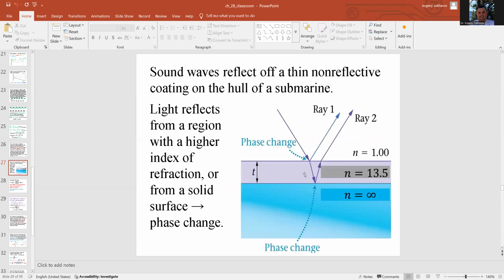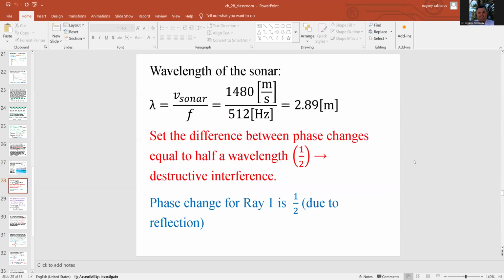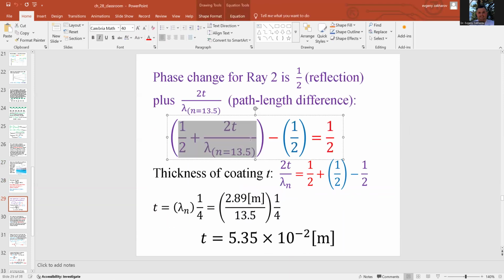So once again, ray 2 undergoes phase change here, and the t plus t, so you got one half for the phase change and one half for the phase change between the submarine and reflective coating, plus t traveled through and plus t traveled through. That's the first part.